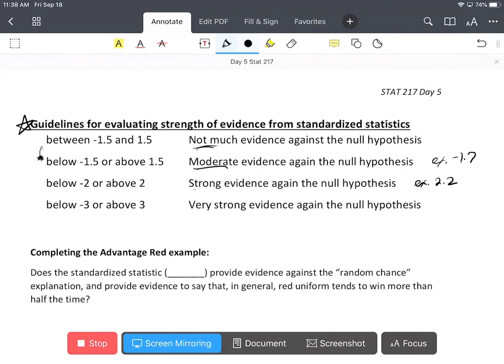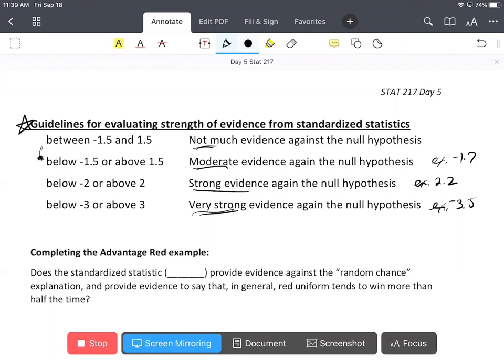Now we can say we have strong evidence against the null hypothesis. If you're negative 3 or beyond those numbers, so let's say negative 4 or negative 3.5, you have very strong evidence that it's an unusual occurrence. It's an unusual observation. So these standardized statistics will tell you the same things. We're going to talk more about this as we go along, but the numbers are going to be different.